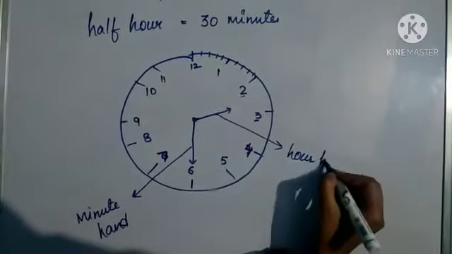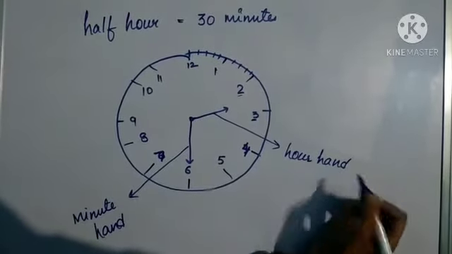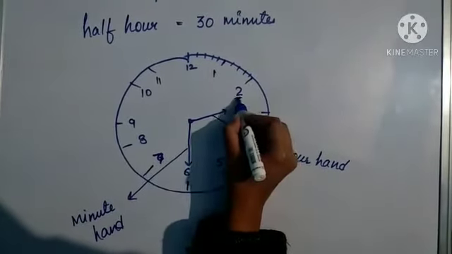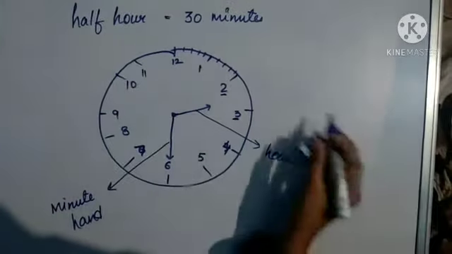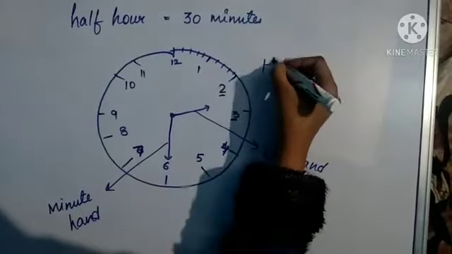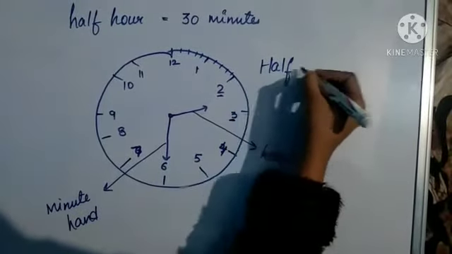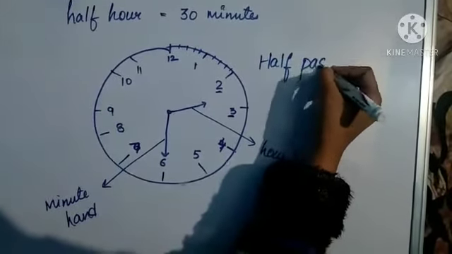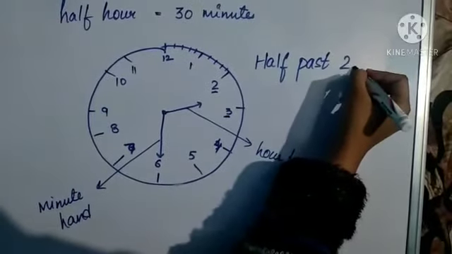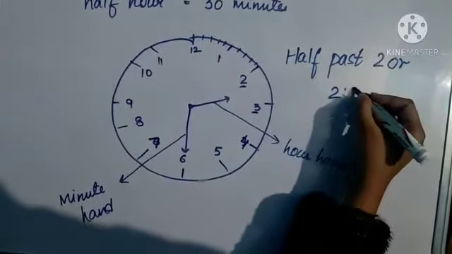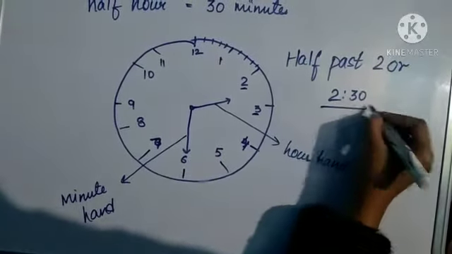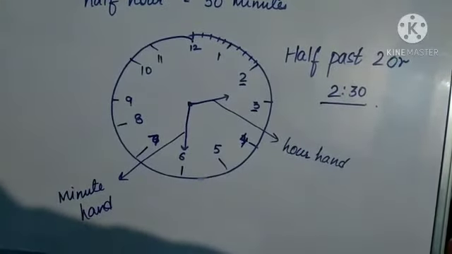This is the hour hand, means after 2 but before 3. So our time is 2:30. Okay?